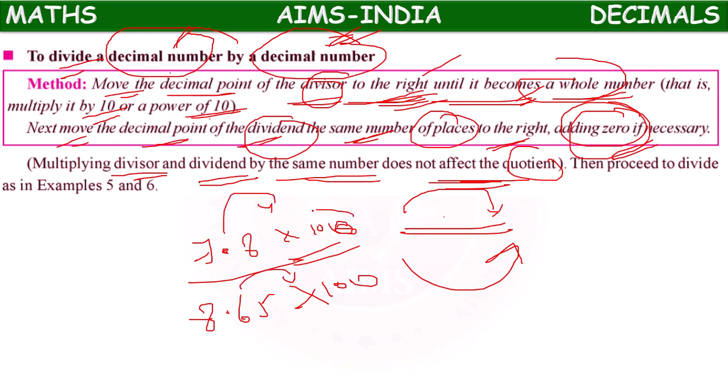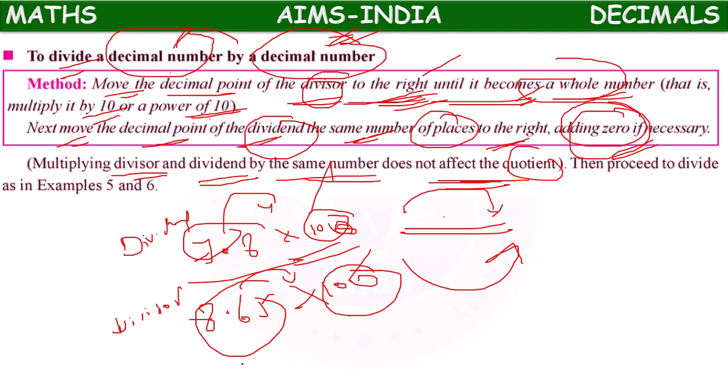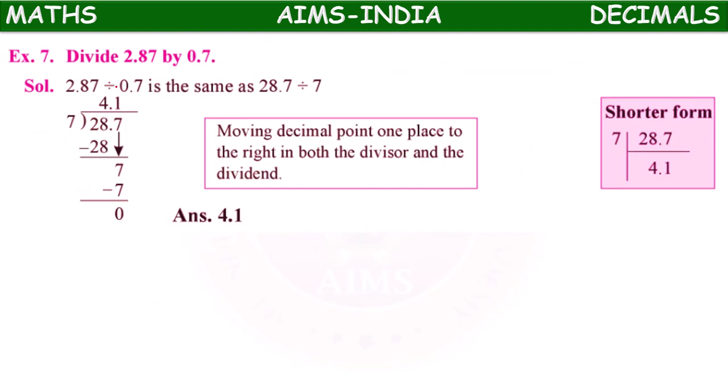We can do this to both dividend and divisor with the same number so that their value does not change. We can do this for our calculations. Okay, so let's try with some examples so that we can understand better.